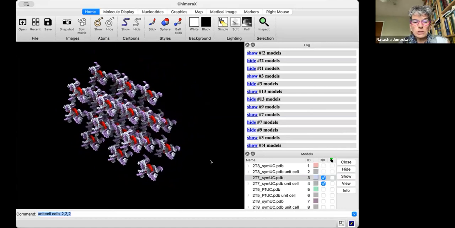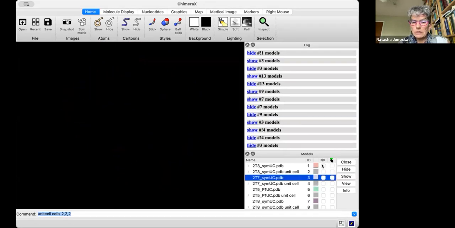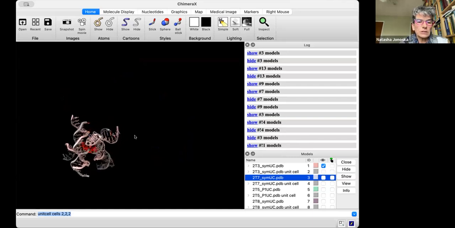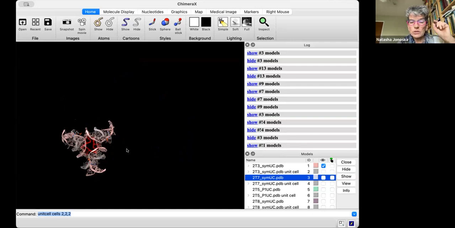So this was the original. Then the lab came up with this tiny little structure, and you can't even see it, but there's a central molecule here, which consists of 3 nucleotides from one junction to another, very, very short.